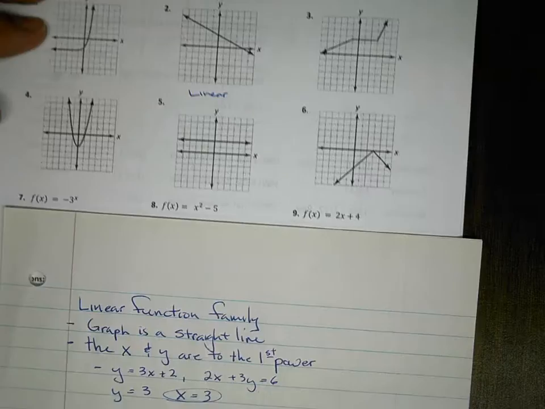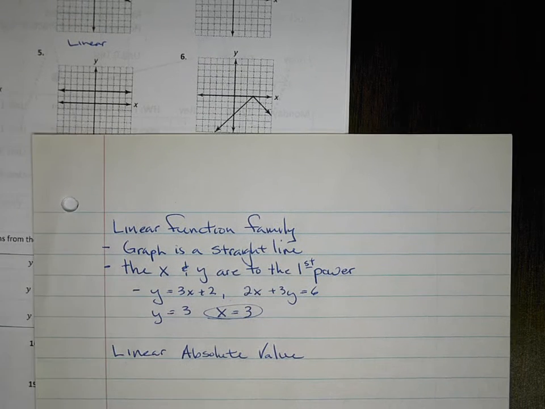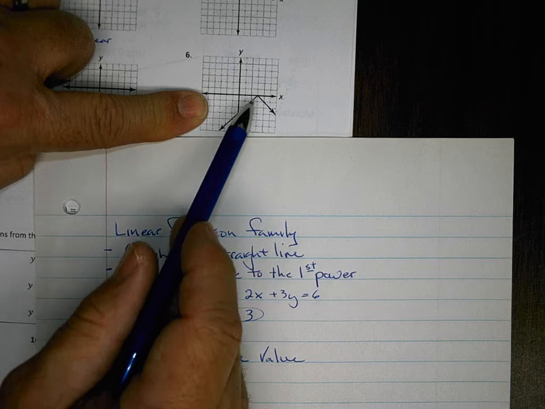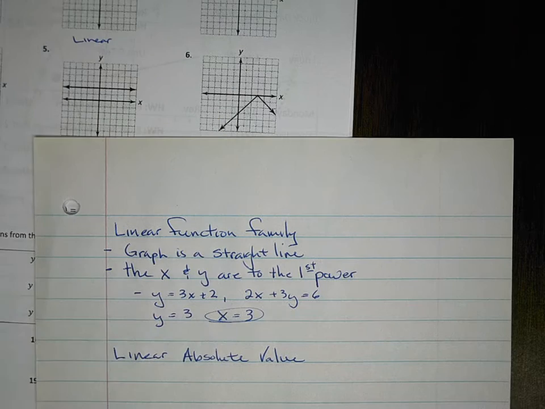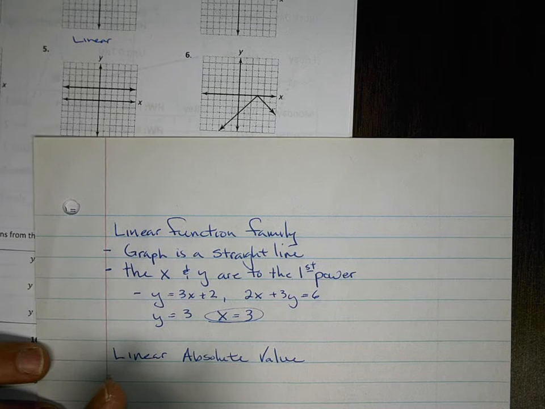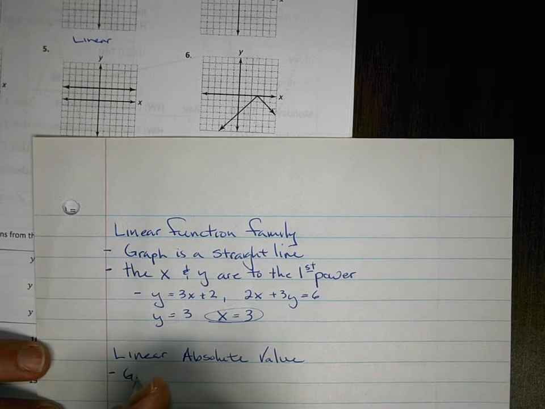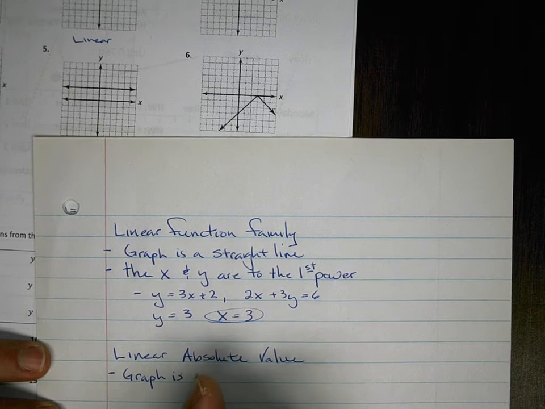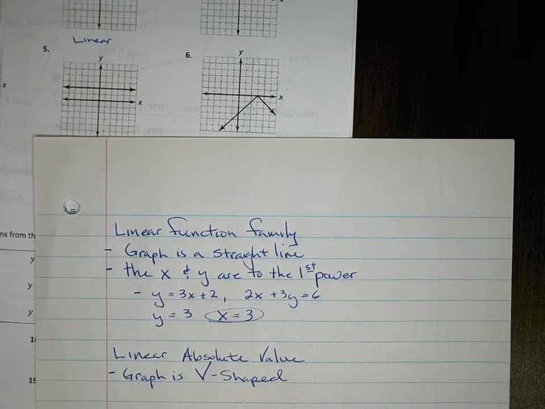Okay, and number 6 is from the linear absolute value function family. It has 2 lines. It's made up of 2 lines that create a V-shaped graph, right? So linear absolute value, the first thing is, I just said it, the graph is V-shaped, right? And then we said what?